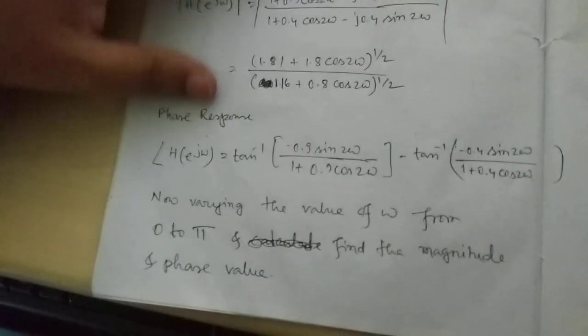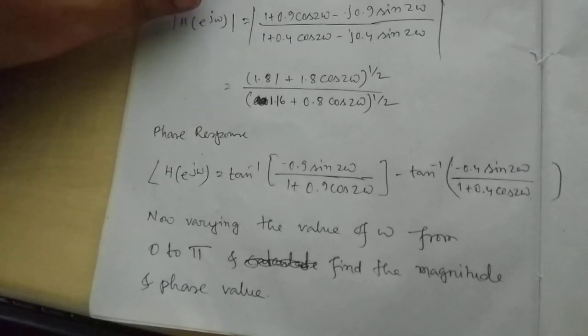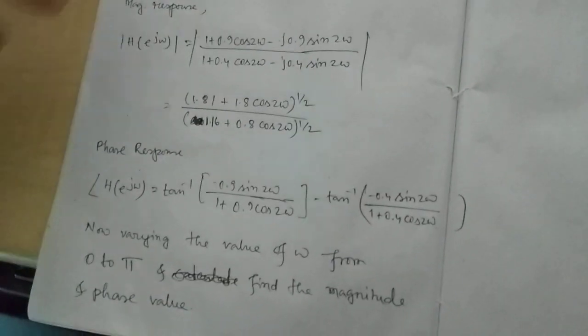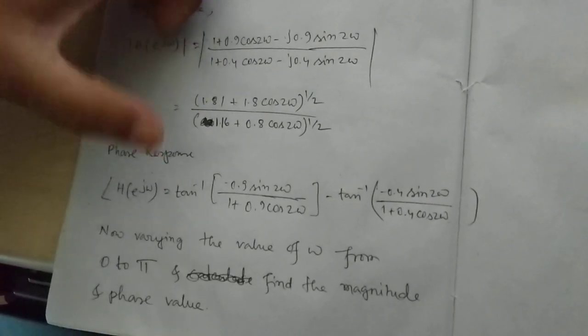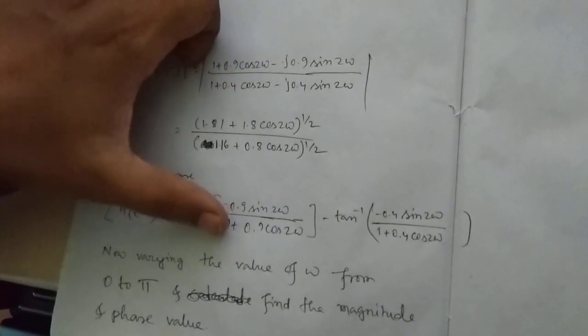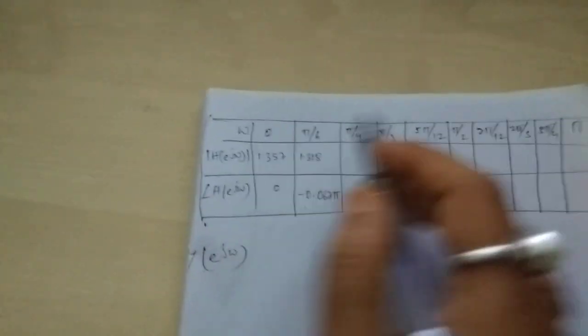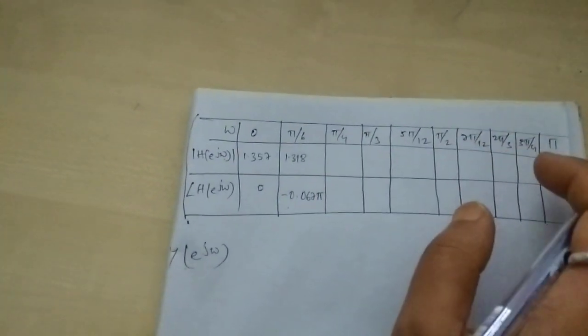Okay. Now by varying the value of omega from 0 to pi, you find the magnitude as well as the phase response, and then you plot the graph for magnitude and phase. Here I will show you one table. You fill this table yourself.